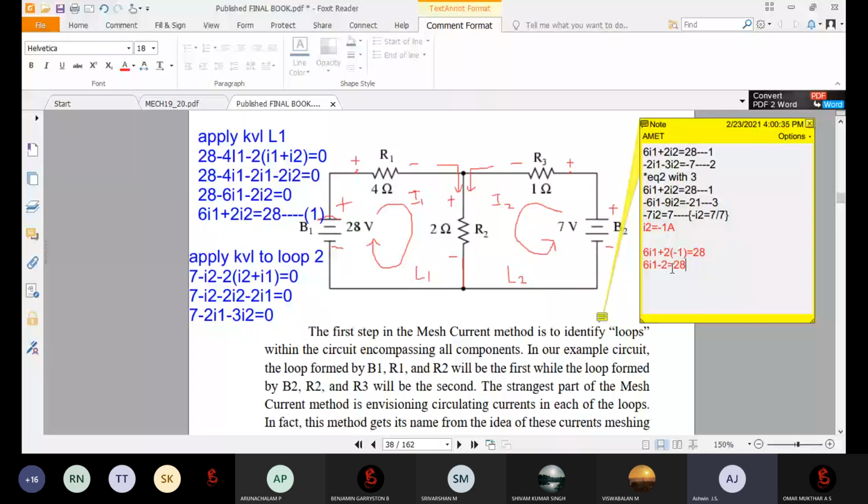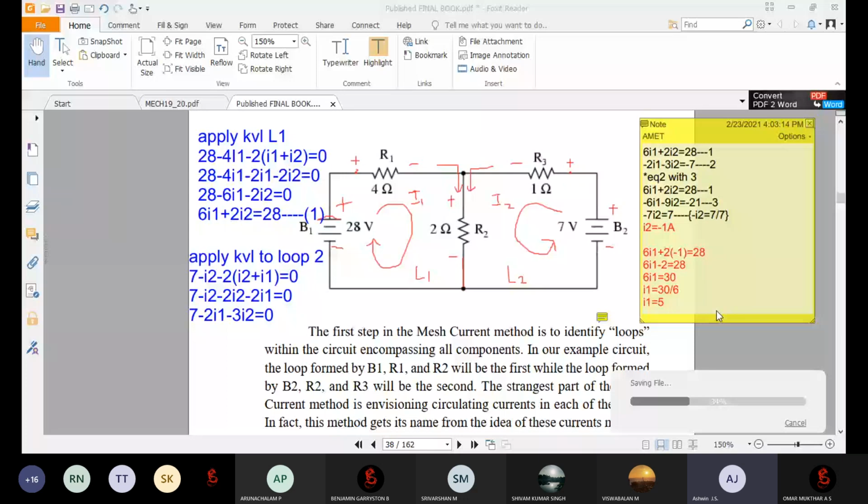So I will write 6 I1 is equal to 28 plus 2, which is 30. Then I1 is equal to 30 divided by 6, so I1 is equal to 5.